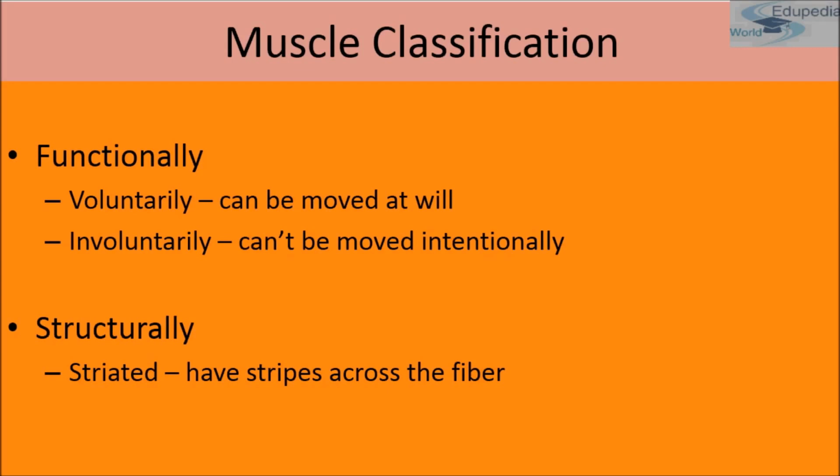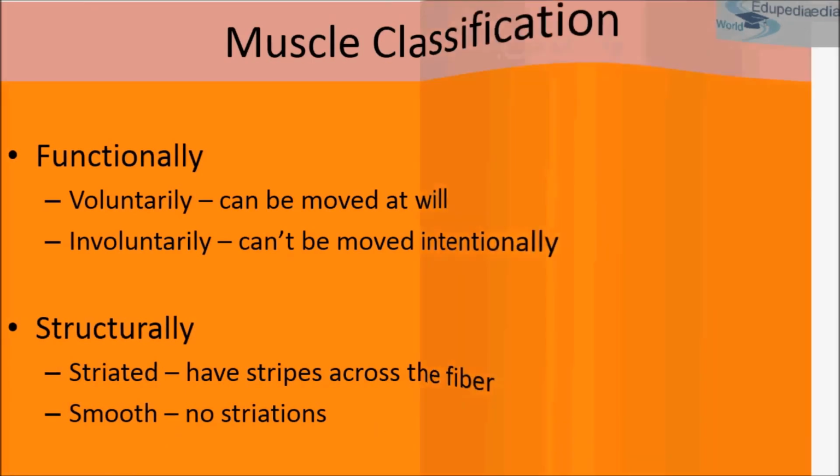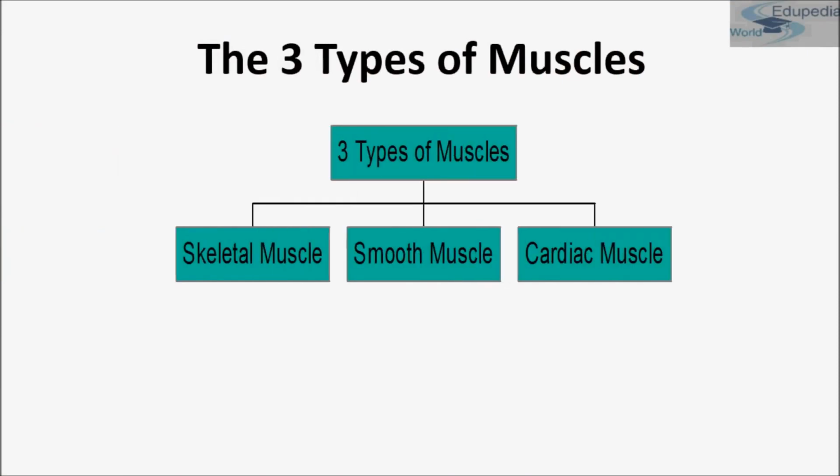I'll be teaching you in detail in my next sections, but for the time being, just know that muscles are categorized on the basis of structure. Then they are striated and smooth. Smooth muscles have no striations, that means they don't have any bands. Now the three types of muscles: skeletal muscle, smooth muscle, and cardiac muscle.